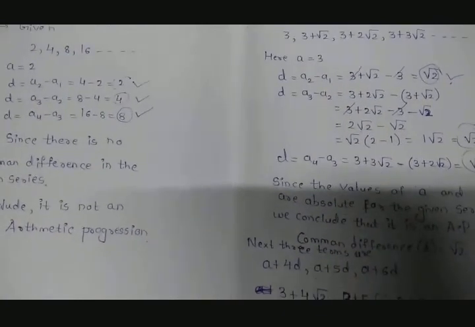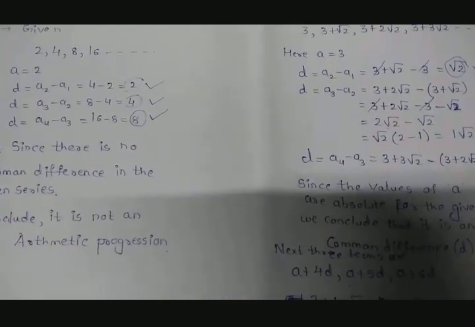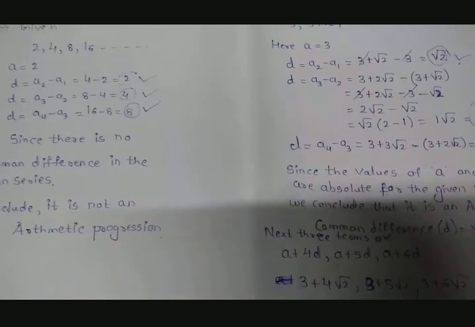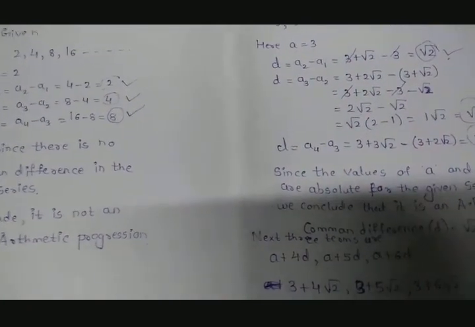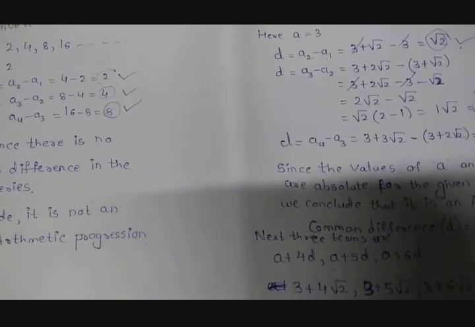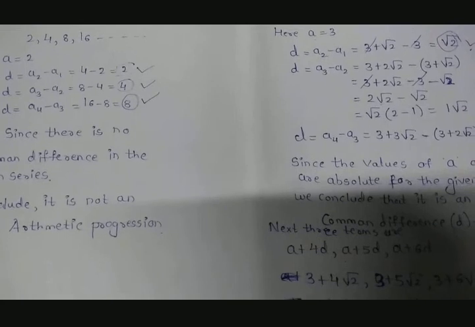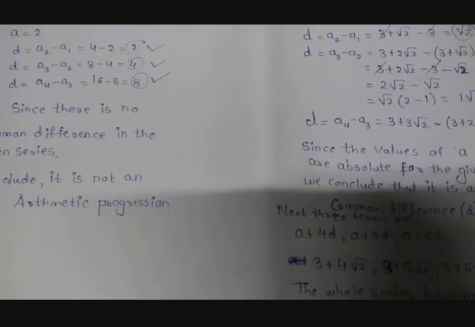So this was all about today's class. In today's class we started with the problem where, given a situation, we find the mathematical form of that situation, and then check whether it forms an arithmetic progression, giving a reason whether it does or does not.